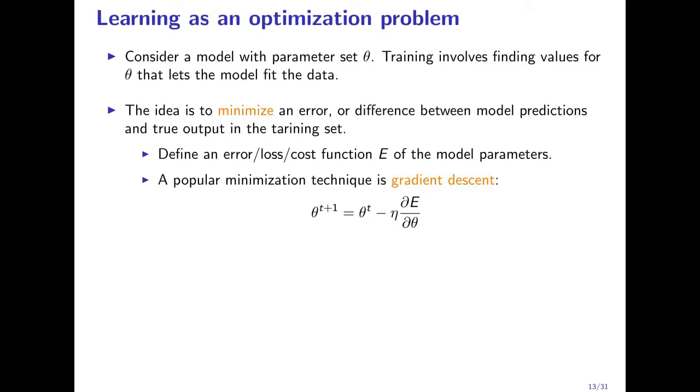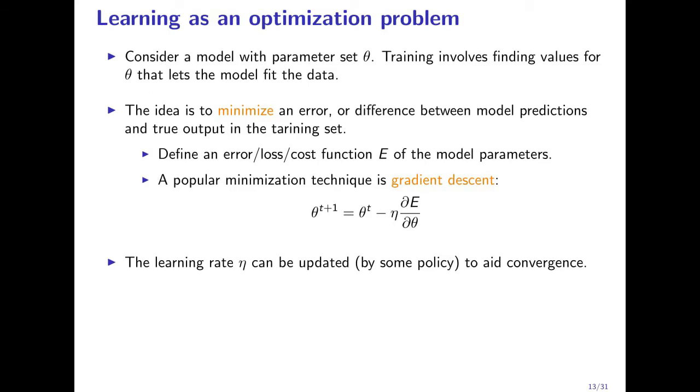Now, let me just try and give you some intuition of what this means. Basically, our cost function is a function of parameters. We can have lots of parameters, so it's a function with a lot of dimensions. Or rather, it's defined in a high-dimensional space. And we want to try and find the minimum of this function. So we have to explore this space and try to find the minimum.